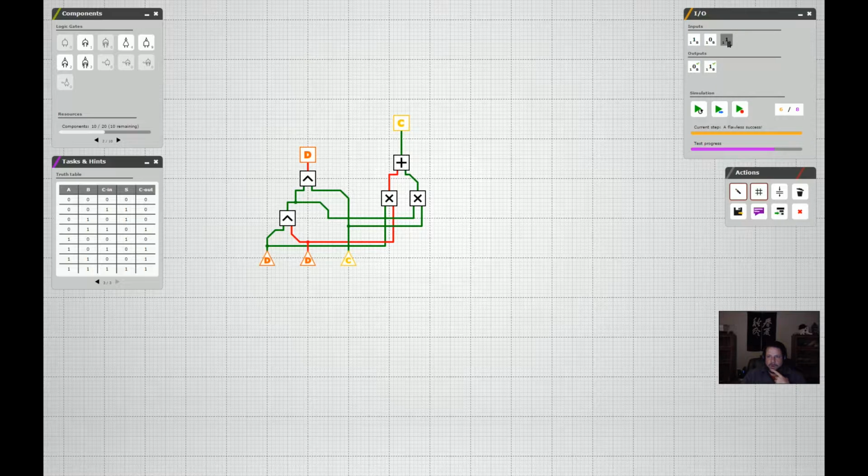When A is a 1 and carry in is a 1, we expect carry out to be a 1, just like with the other case where B was high and A was low. When A and B are 1, carry out is a 1. That makes sense. We saw that from before. And so we're just picking up the signals here before the gate even and bringing them up to the carry. And when all of them are 1, we get a 1 on both, which makes sense. So we have completed that puzzle.